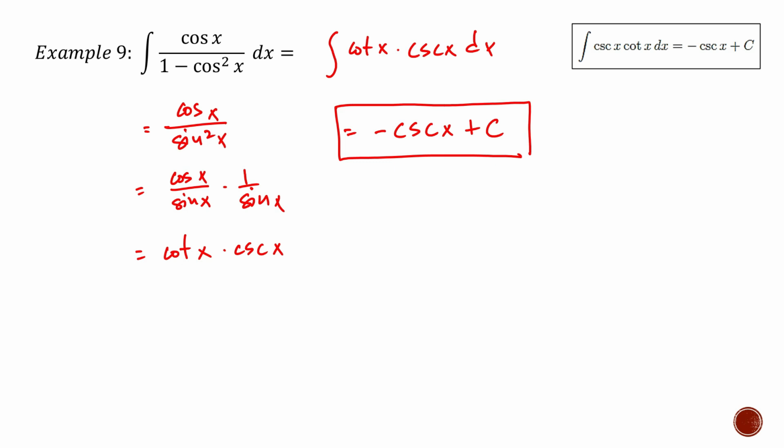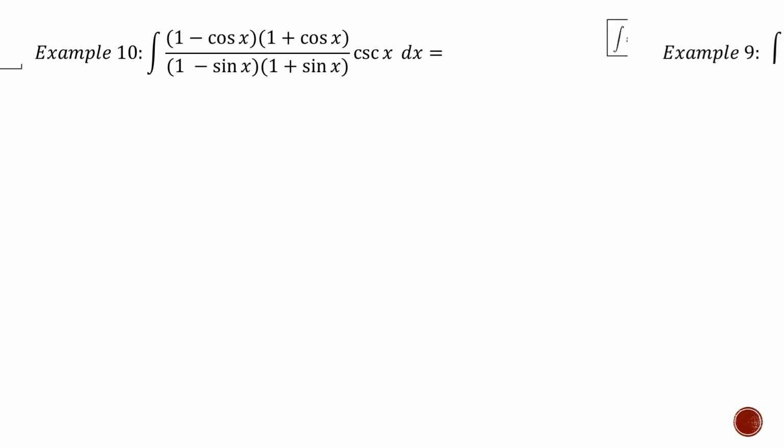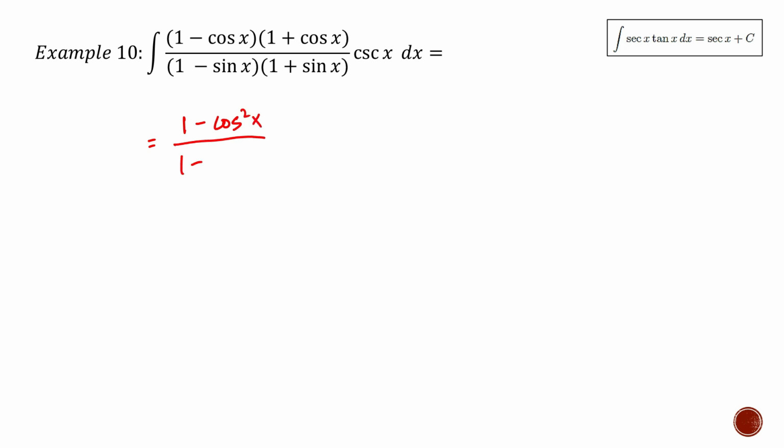All right. We are now down to our last example, and we will be using the formula on top. Secant x tangent x dx is equivalent to secant x. So how are we going to do that? Okay, let's multiply the binomials on top. So that's 1 minus cosine square x, and in the denominator that's 1 minus sine square x.